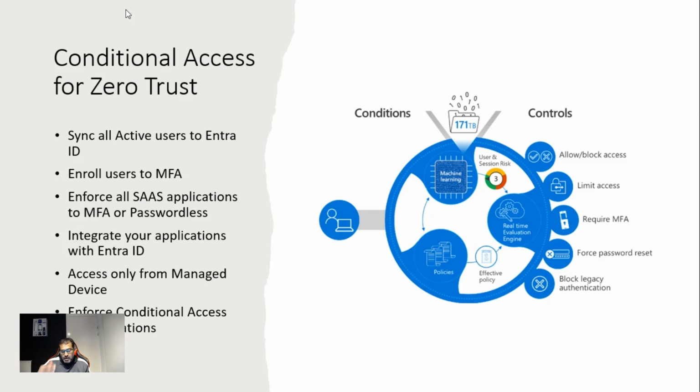Keep in mind, only when your application is registered in Entra ID will you be able to effectively utilize all these things. And access only from a managed device. In that case, you need to make sure the device is Entra ID registered or Entra ID hybrid joined, and then managed with Microsoft Intune. And lastly, you would be able to enforce the conditional access policies.